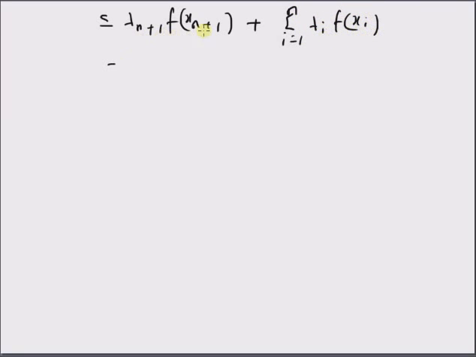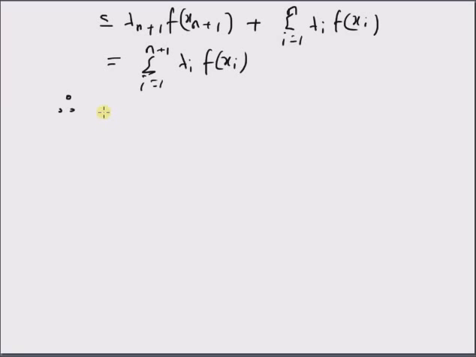So this basically implies that the right hand side is less than or equal to lambda n plus 1 f of x n plus 1 plus summation of i equal to 1 to n lambda i f of xi. And then if you look at this summation, it is nothing but the linear sum i equal to 1 to n plus 1 lambda i f of xi.